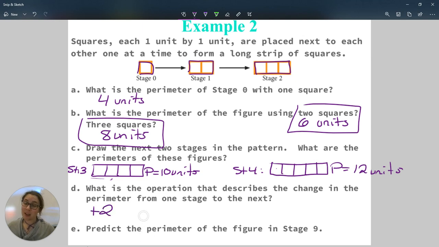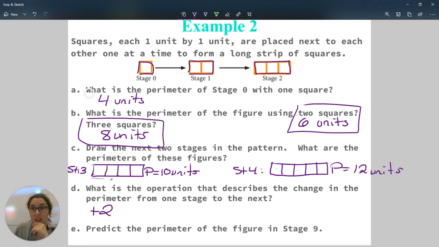Now, predict the perimeter of the figure in stage 9. What will it look like in stage 9? At stage 9, how many boxes is it going to have? It has 1 more than the stage number, so it's going to have 10 boxes. I'm not going to draw that, but we can write out our recursive sequence.